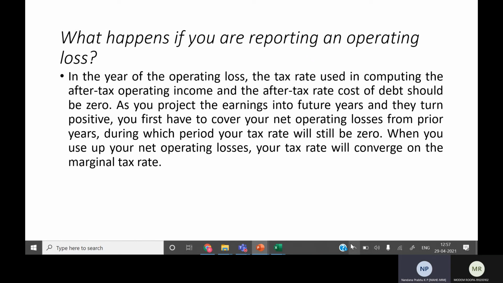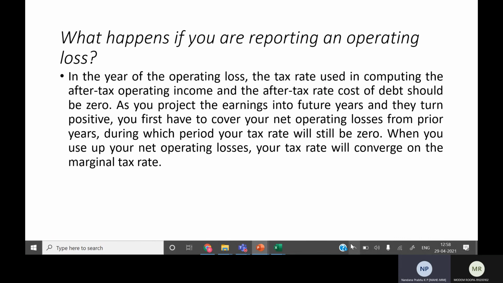So what is the essence of this discussion? In the years in which there are net operating losses, don't use the tax rate. Of course, in that FCFF model, it does not levy tax in the year in which there are losses.